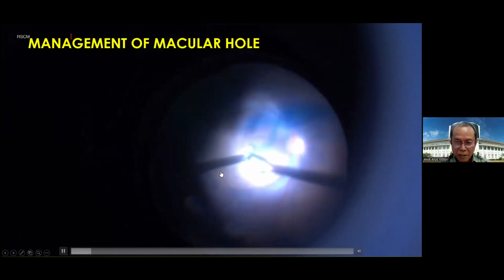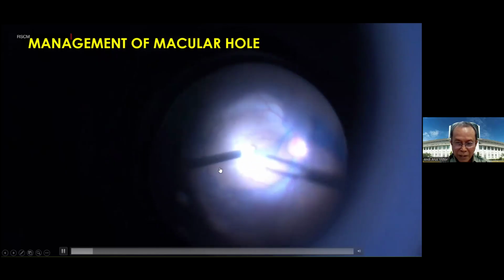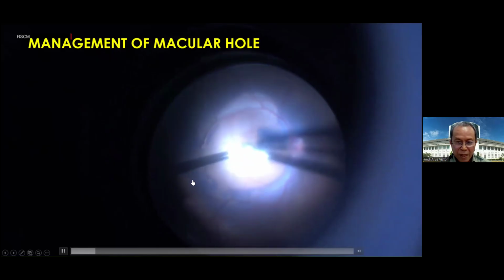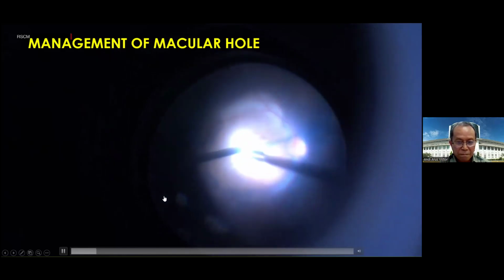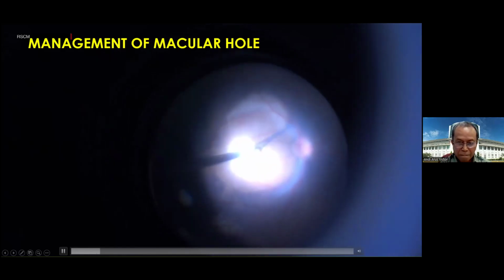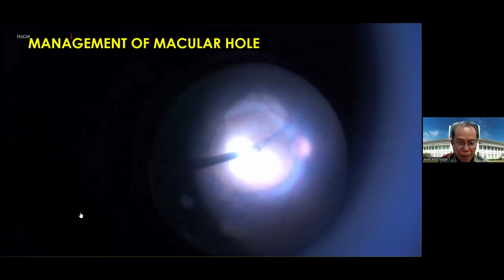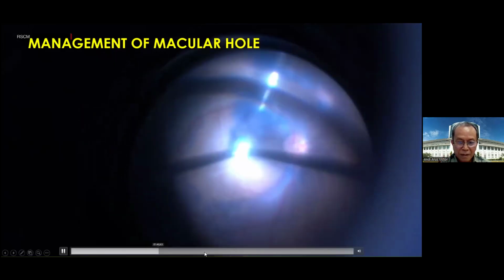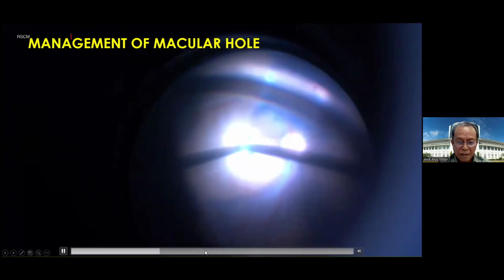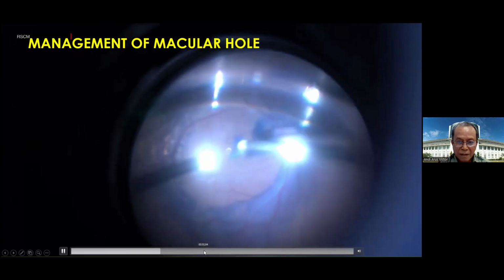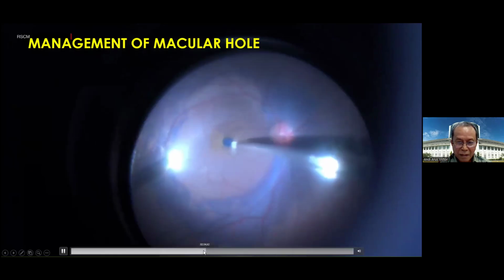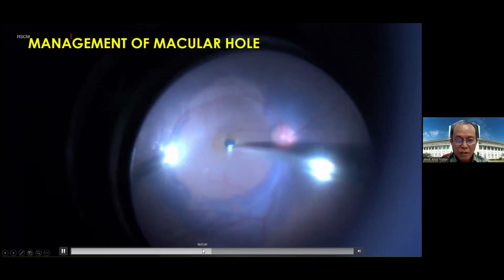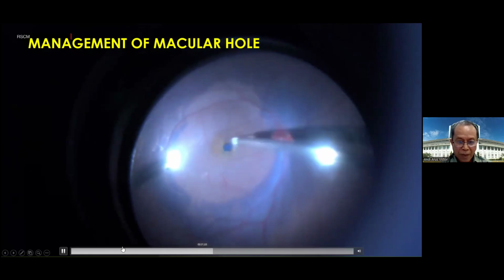He put the ILM inside the macular area, to close the macular hole.